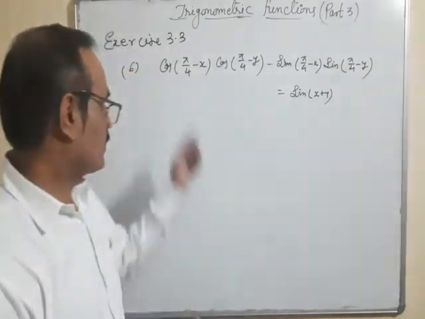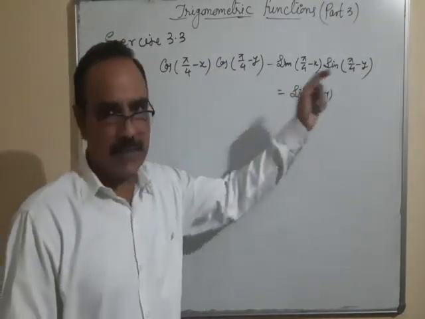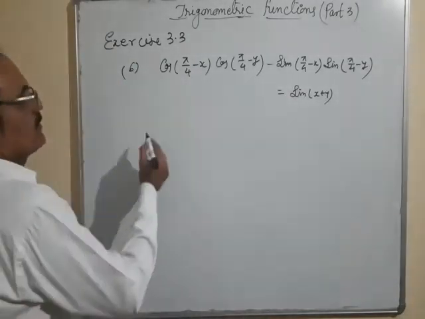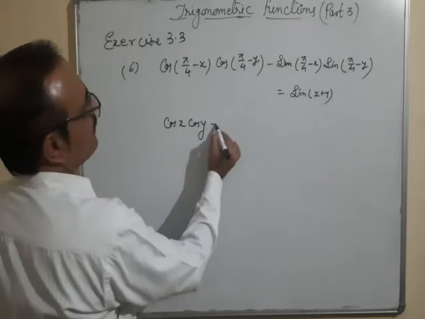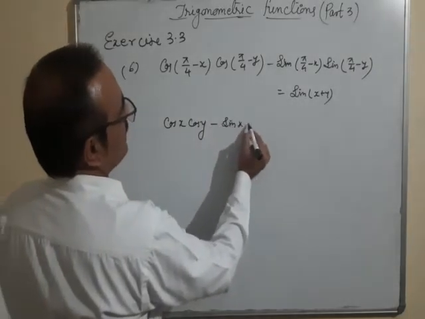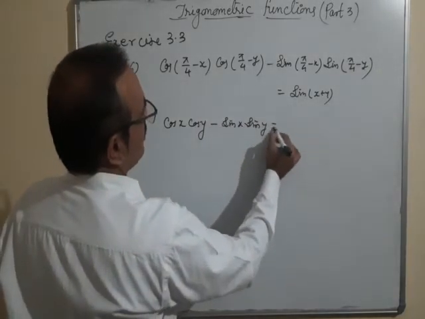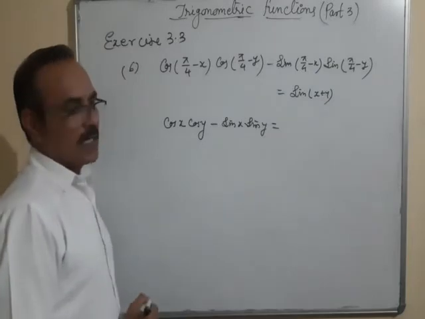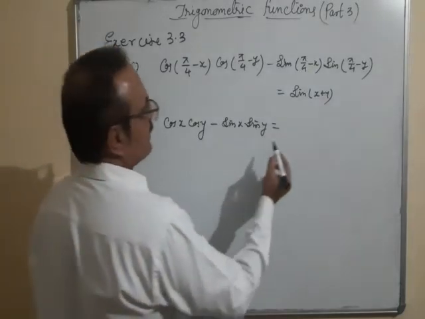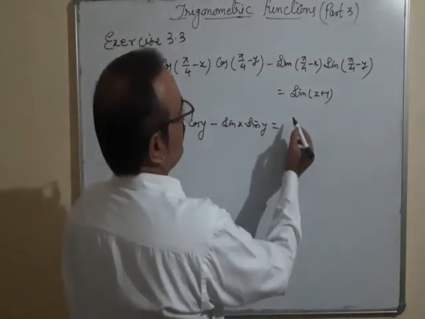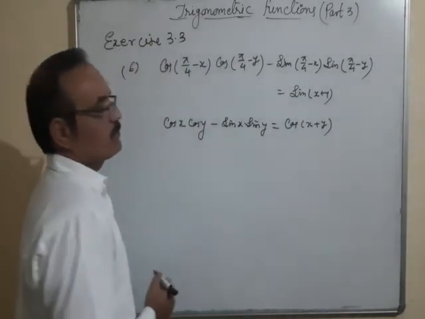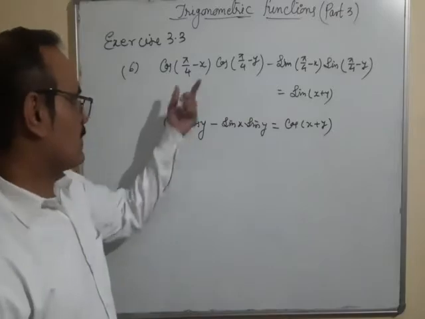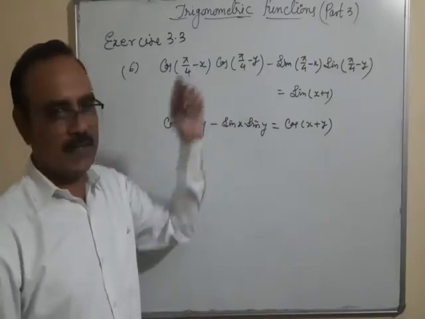There is a formula cos A cos B minus sin A sin B. What is it? Cos x cos y minus sin x sin y. It is the very first formula, cos(x plus y). Here A is pi by 4 minus x, B is pi by 4 minus y.